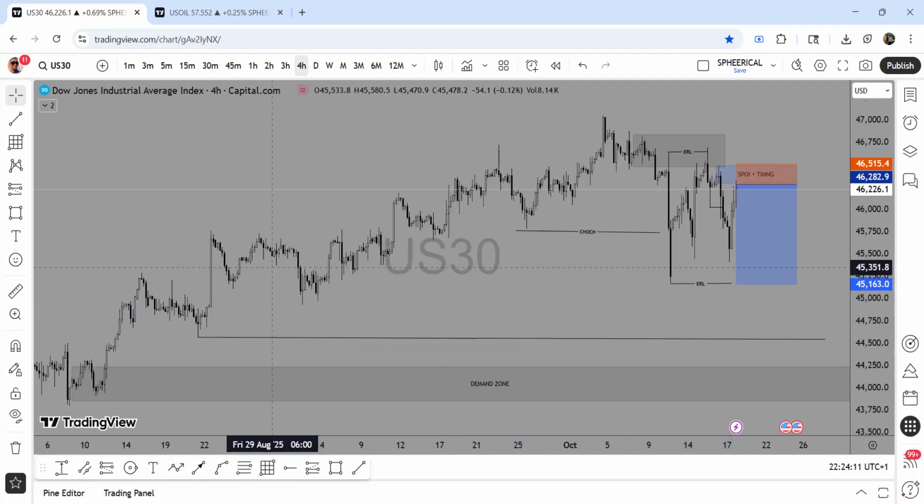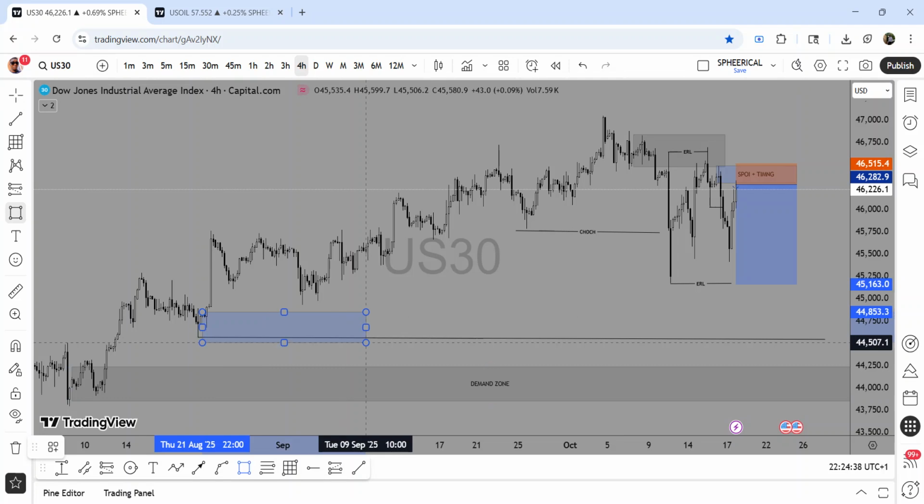Now, we have something that looks like a valid point of interest here, in fireworks. So we'll be trading it with caution, because I want to sell down to the sell side liquidity I marked there.